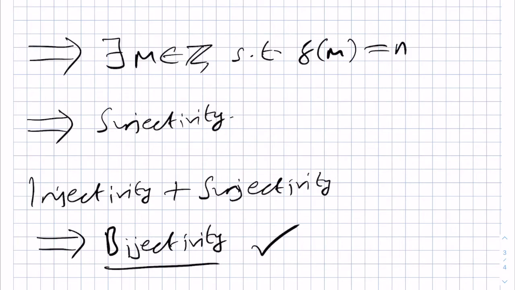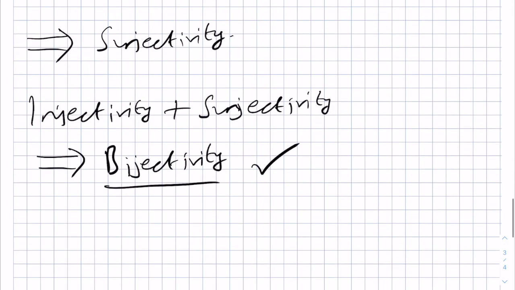Now it's worth being aware that we refer to sets that are bijective with the natural numbers as countable. So what we've done here for this particular f is to show that Z, the integers, is countable.